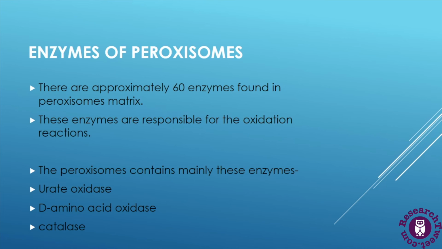Now the peroxisomal catalase, which is also a type of enzyme, has the ability to break down H2O2, or hydrogen peroxide, into water and oxygen. It also breaks down hydrogen peroxide by using it to oxidize other substances like phenols, formic acid, formaldehyde, and alcohol. So these enzymes are the responsible factors for the functioning of peroxisomes.